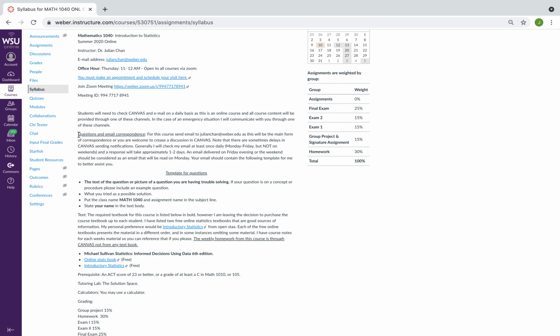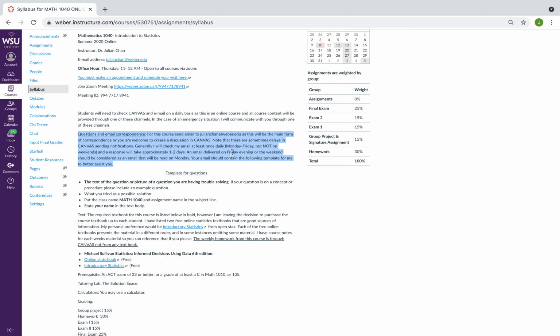So just a few things about email correspondence. Because it's an online class, I'm expecting a lot of emails. I generally try and check my email every day. In the off chance that I don't check it on a specific day, I'm asking you to know that generally 48 hours is when you should expect a response.